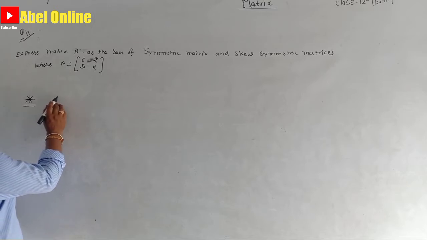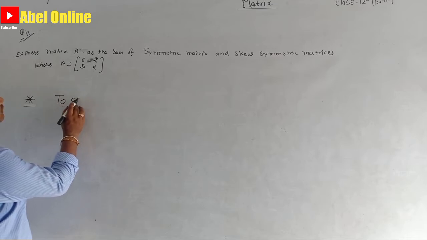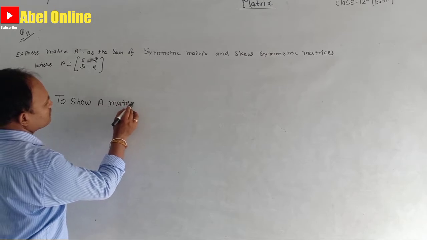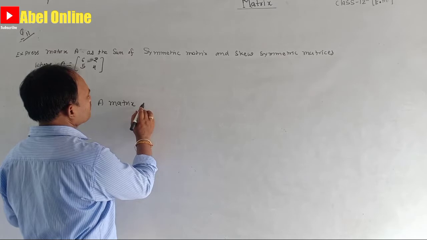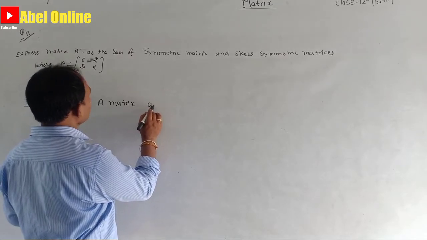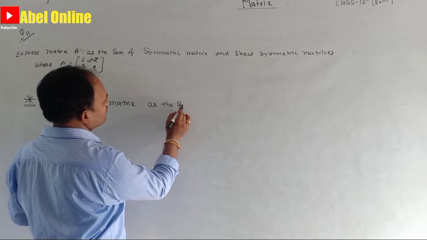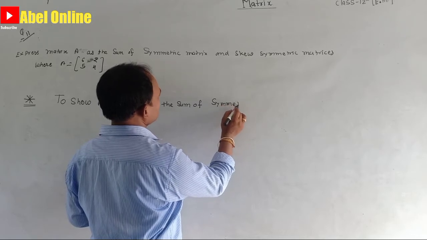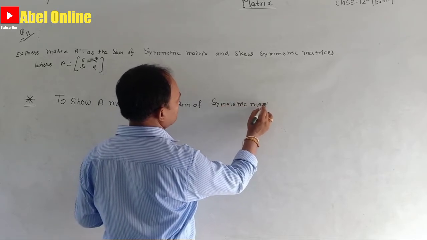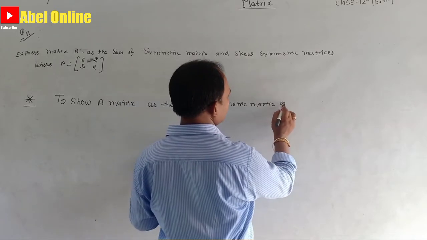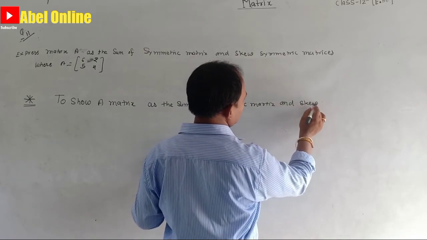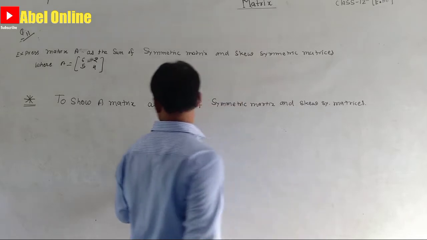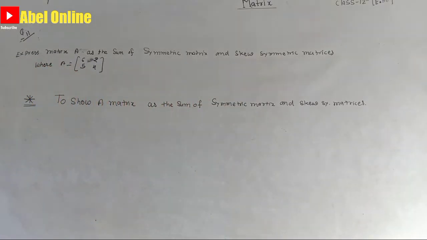This is a topic: to show a matrix is the sum of a symmetric matrix and a skew symmetric matrix.